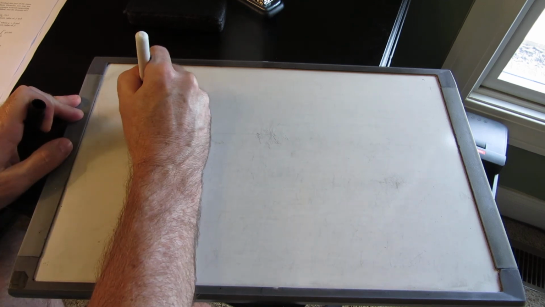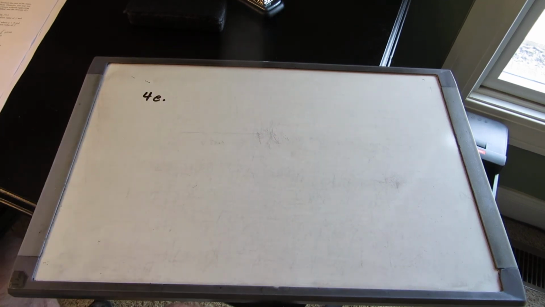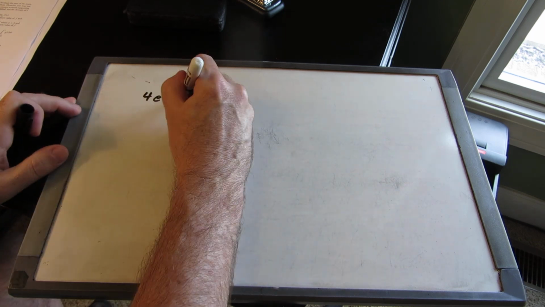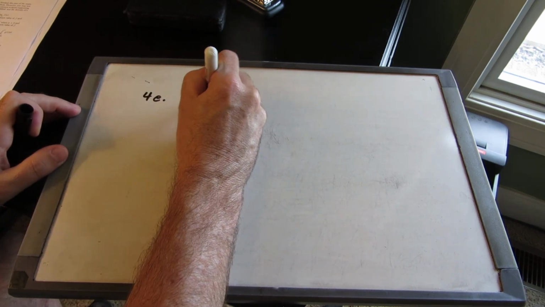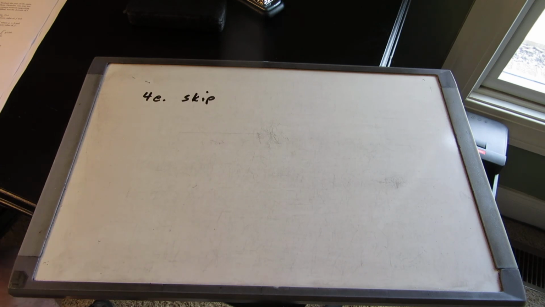And it would take away from some time that you would have to work on number 5 and number 6. So let's just skip that one. I'm sure you're not going to complain or argue with me about that. And there we go. Number 3 and number 4 is done, and I think you could have got most of those. All right, so we'll hit number 5 in the next video.